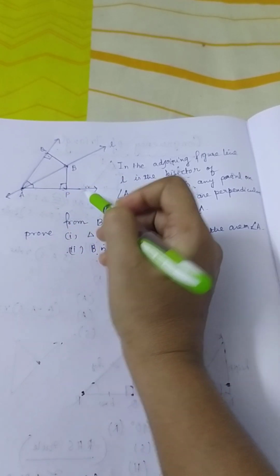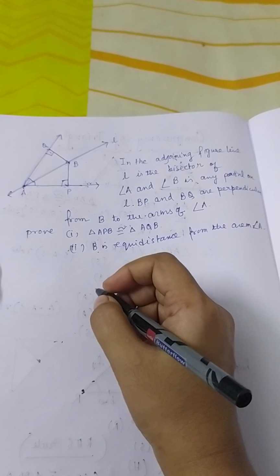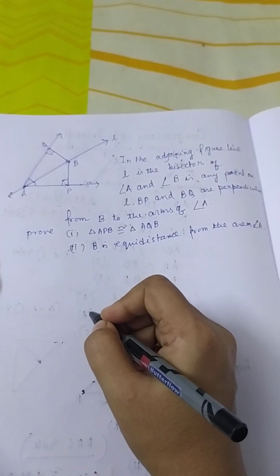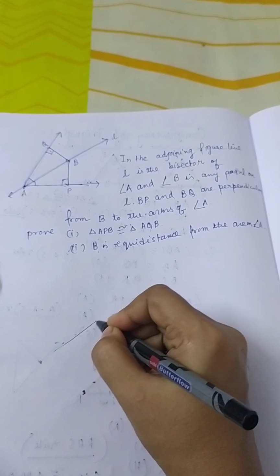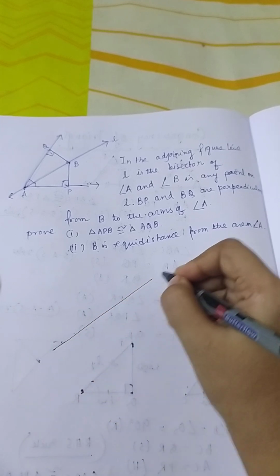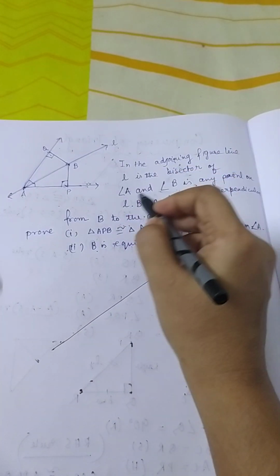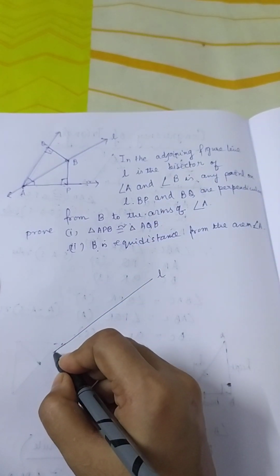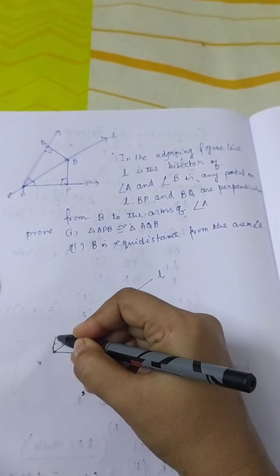Now I am repeating the drawing here to make it clearer. This is a line L, and this line is the bisector of angle A and angle B. First, draw angle A, somehow like this.